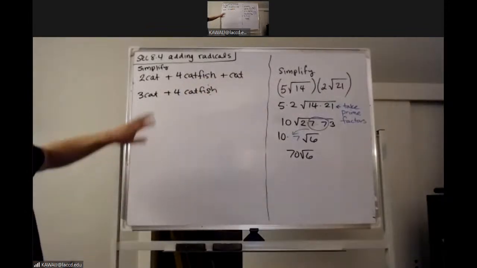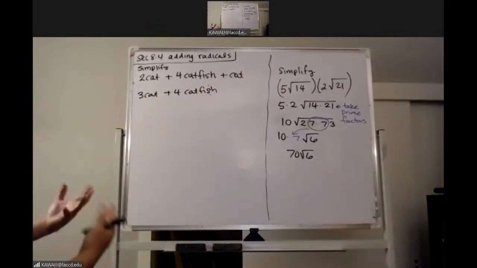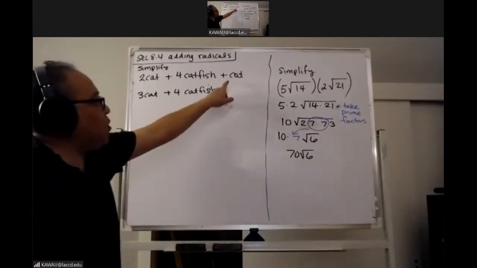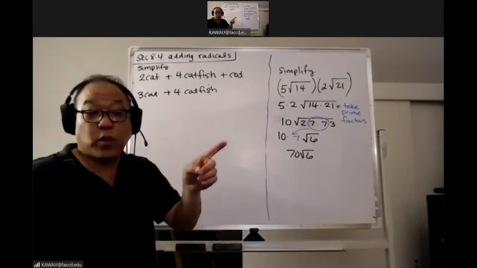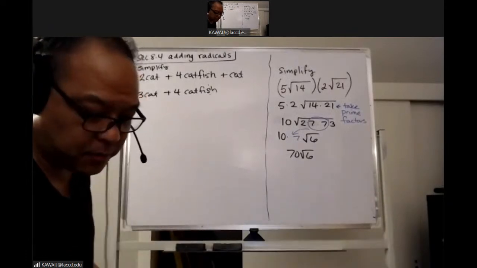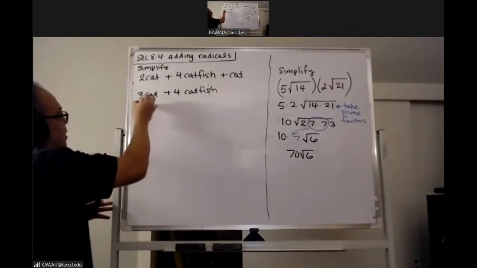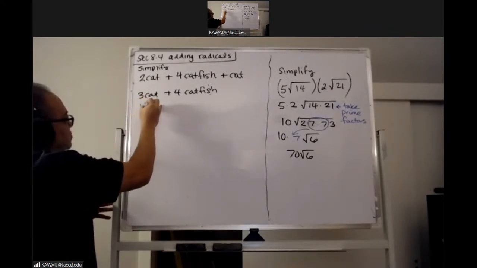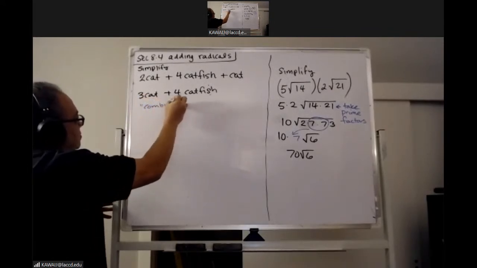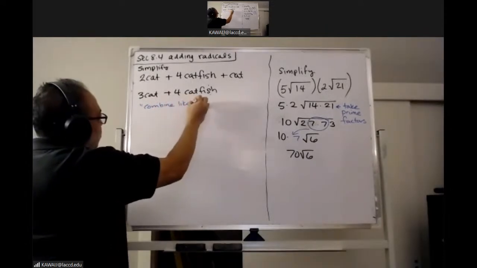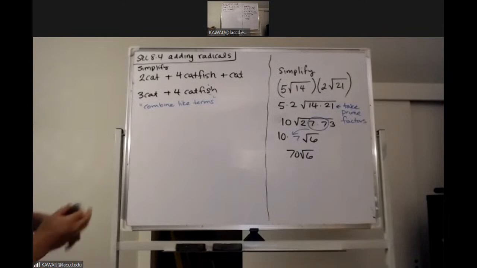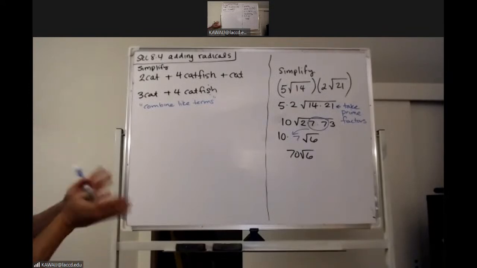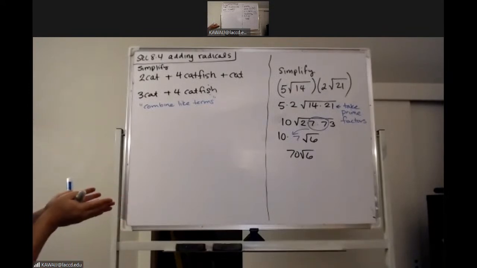We cannot combine the cat and the catfish because they're not the same thing. And if we have no number in front of the cat, we assume 1, that there's just 1. Okay. Now, we call this combining like terms. The things that are similar, combine them, but they have to be exactly alike.